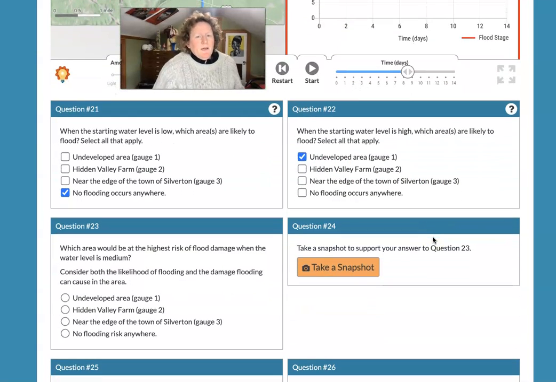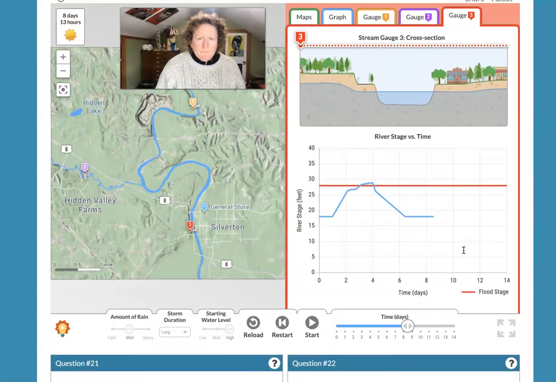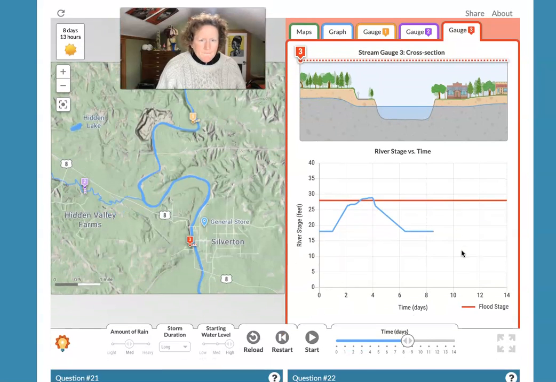Which area would be the highest risk of flood damage when water level is medium? Consider both the likelihood of flooding and the damage flooding can cause in the area.